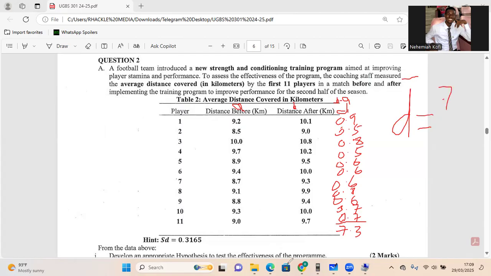It's going to be 7.3 over 11. Right. So that's the same thing here, 7.3 over 11. You get it. Then we are going to get 0.66.